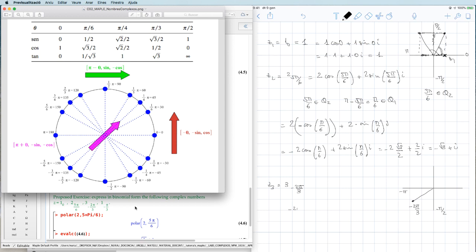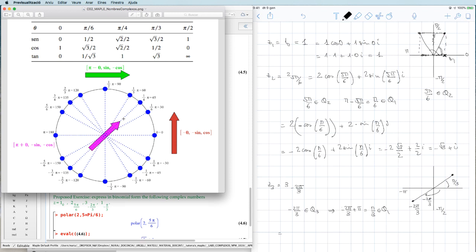Remember that when I'm here, I'm going to add pi. So I'm going to do minus 2 pi plus pi. It's going to be pi over 3, which belongs to Q1. So I'm going to go up in here. This is going to be pi over 3, and this is minus 2 pi over 3.